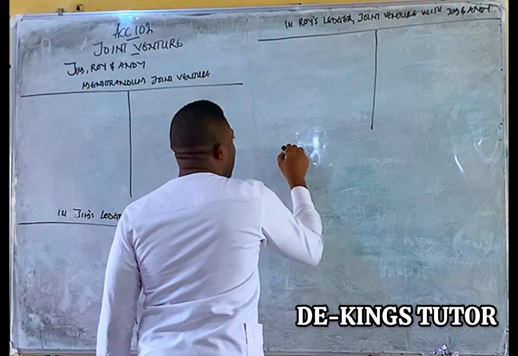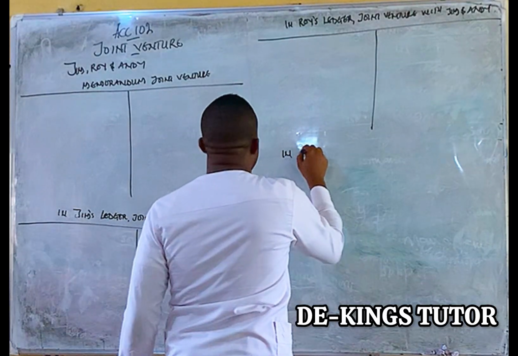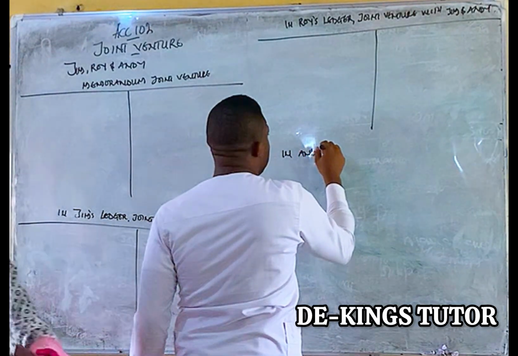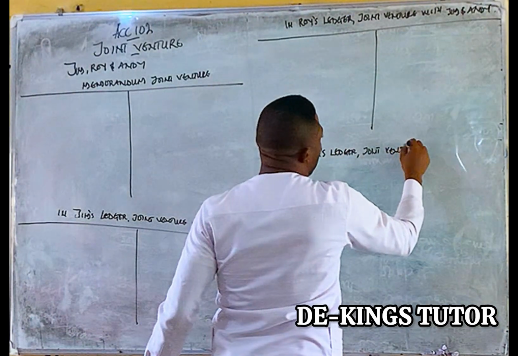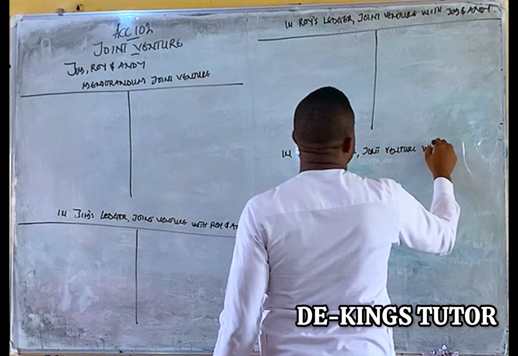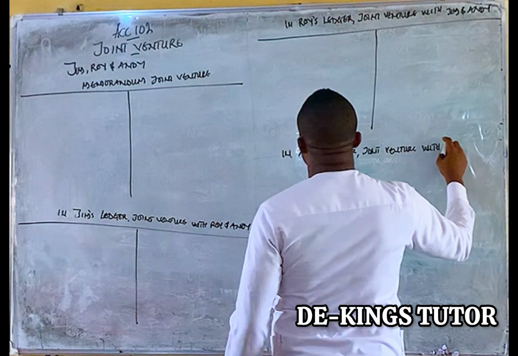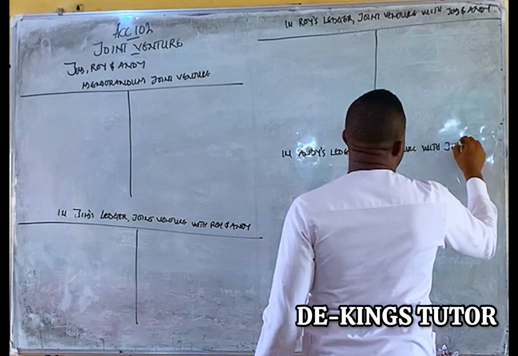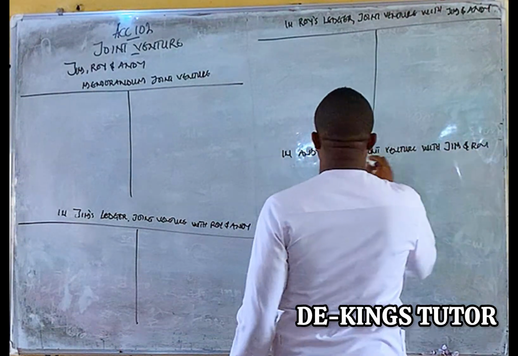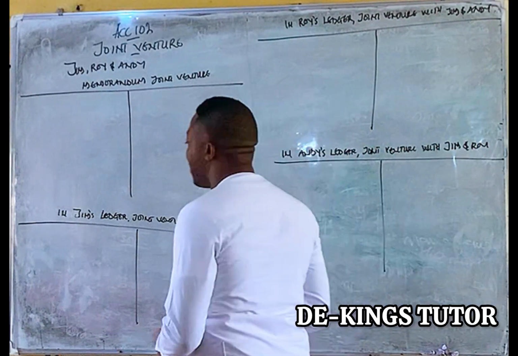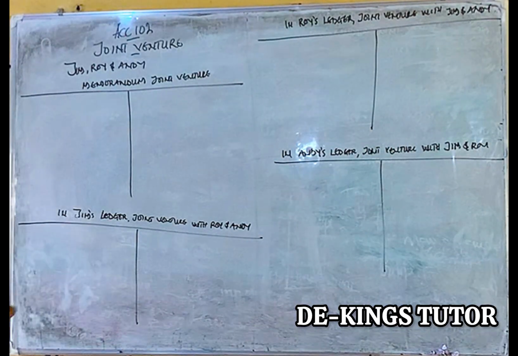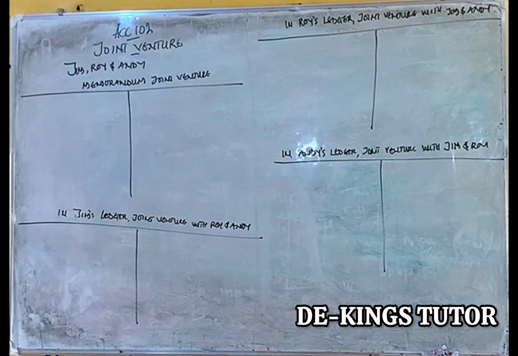The next one, in Andy's ledger, joint venture with Jim and Roy. Okay? Now please follow me so that we'll see how they get that. Now read the question.